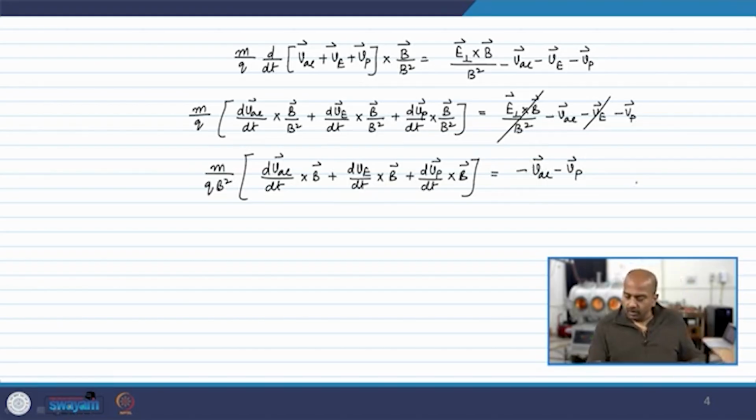Now, the electric field E is responsible for giving this E cross B drift velocity, right.